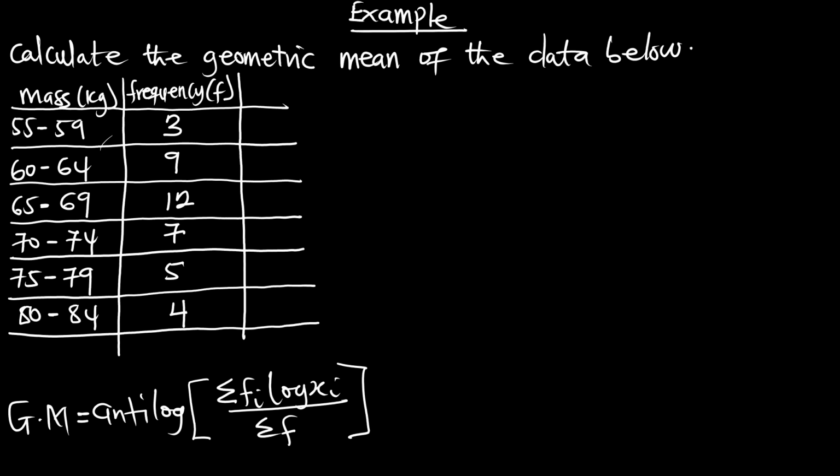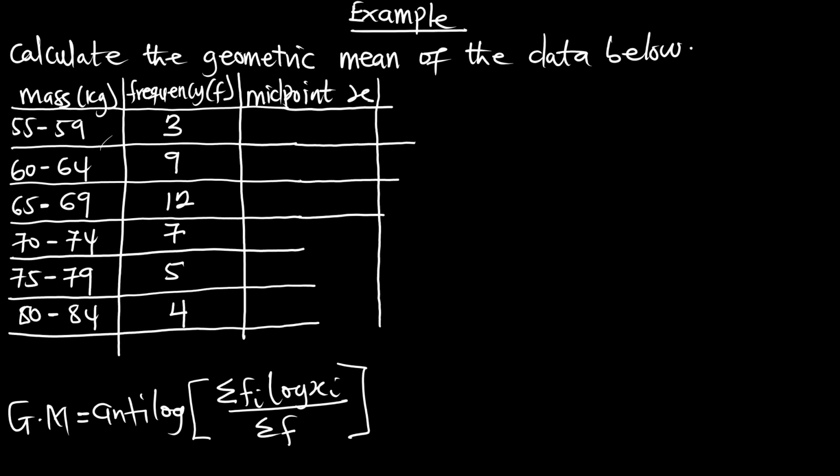So looking at the table, we need x. This is grouped data, meaning our x is going to be the midpoint of the classes. So when you take the first class from 55 to 59, you find the midpoint, and for 60 to 64, the midpoint, we also find for all the other classes.